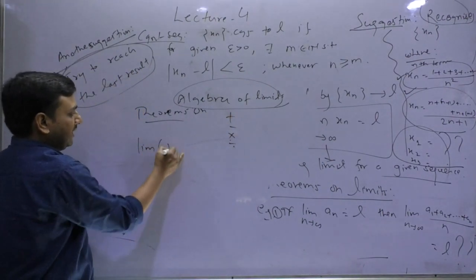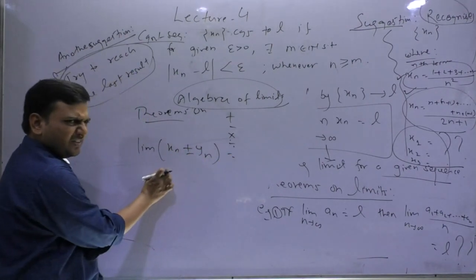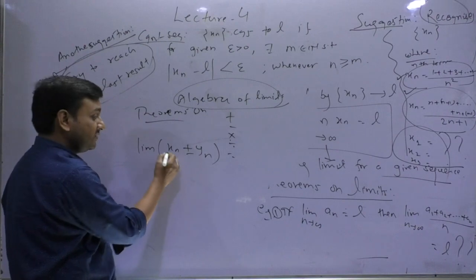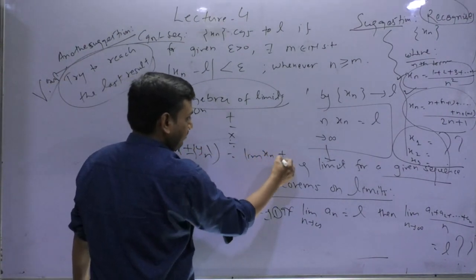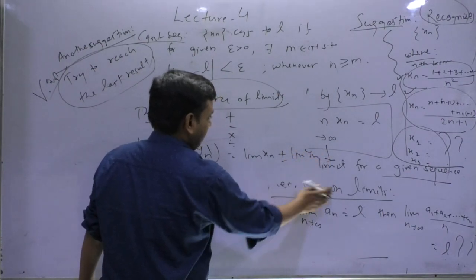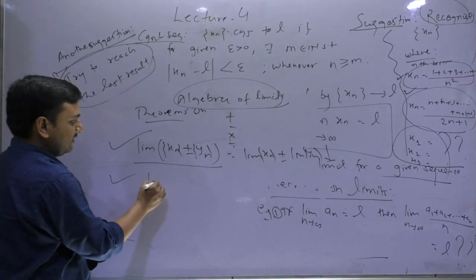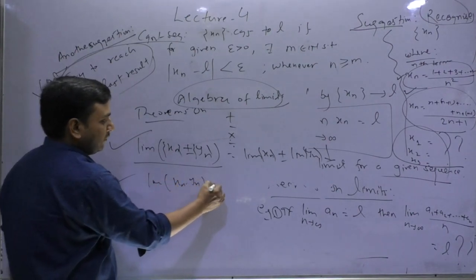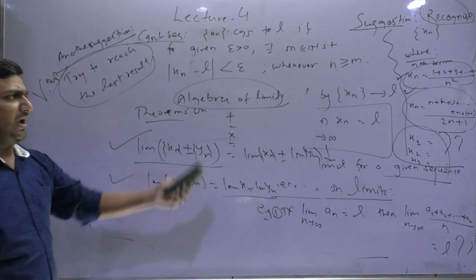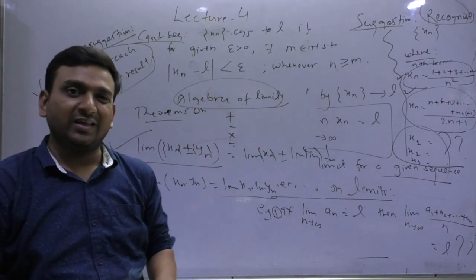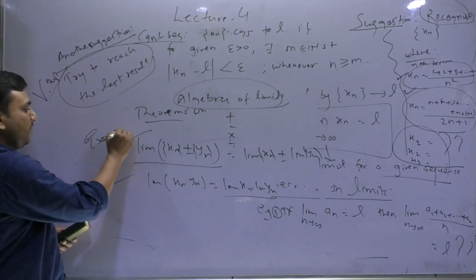So limit of xn plus minus yn, where xn is a sequence, yn is a sequence, equals limit xn plus minus limit yn. You are getting my point or not? Other is limit of xn into yn equals limit xn into limit yn. Because whenever you have some complicated terms, there you can use this. So this is another most important exam point for you guys.